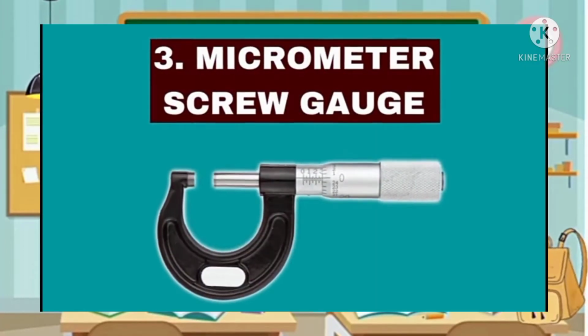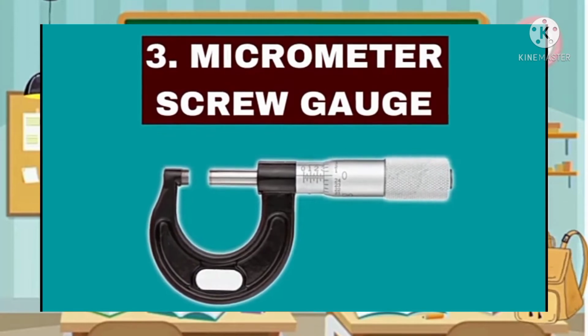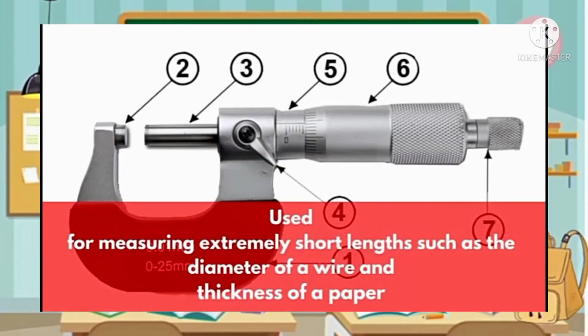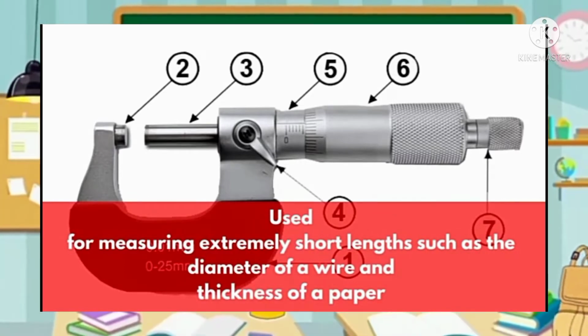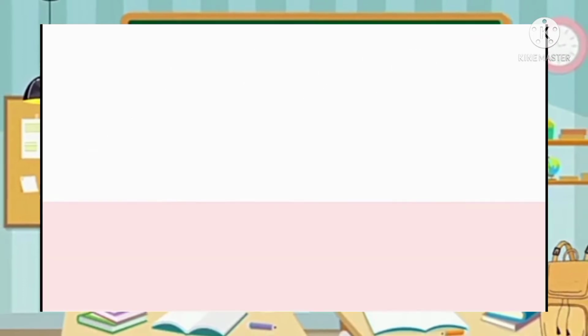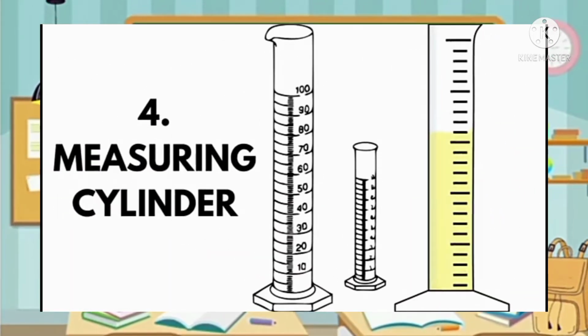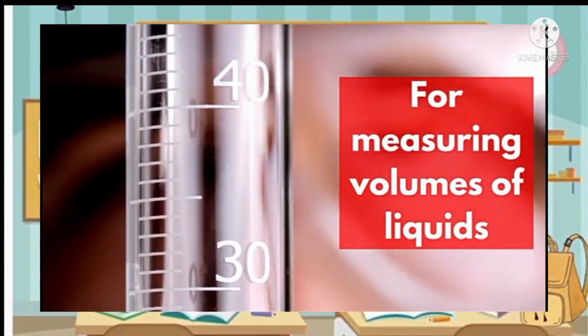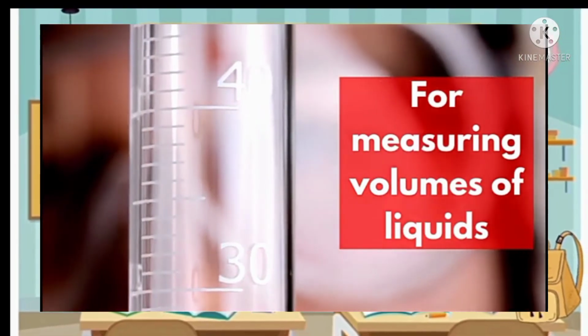Number 3, micrometer screw gauge, used for measuring extremely short lengths such as the diameter of wire and thickness of paper. Number 4, measuring cylinder, for measuring volumes of liquids.